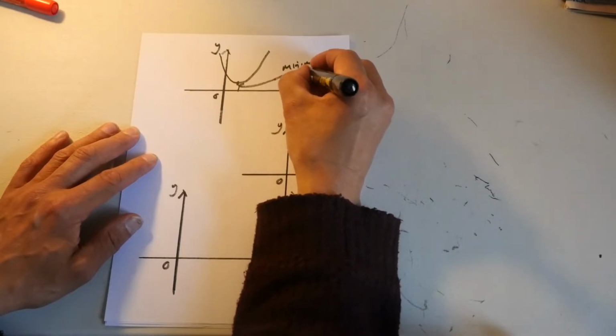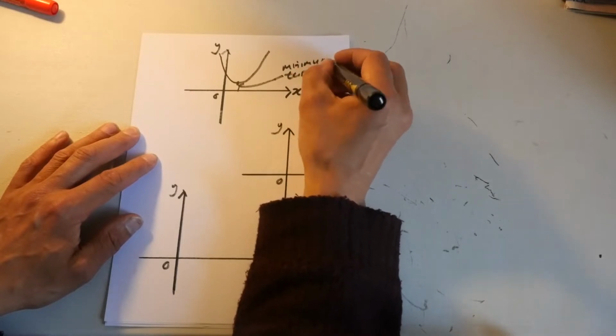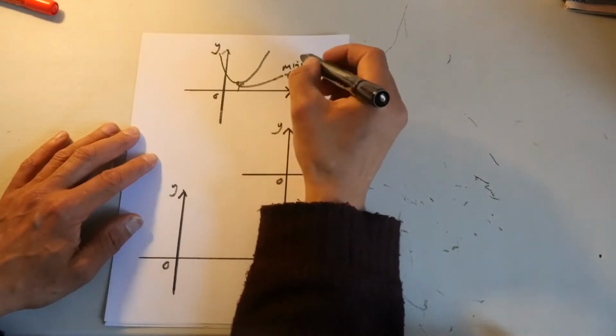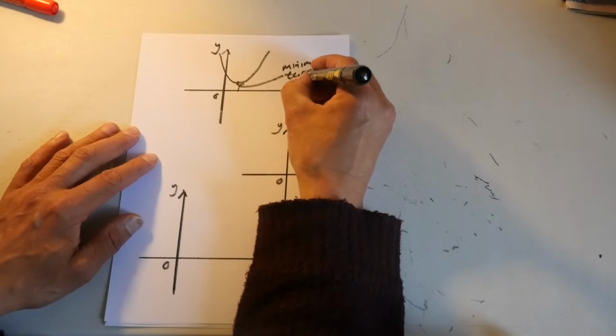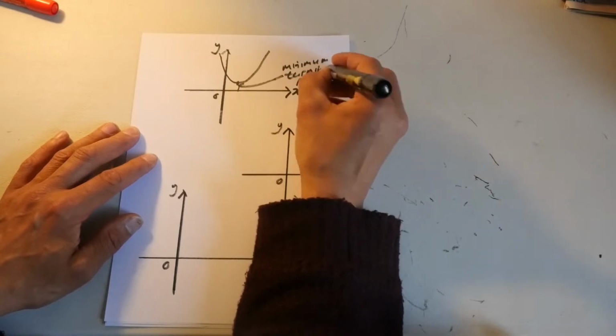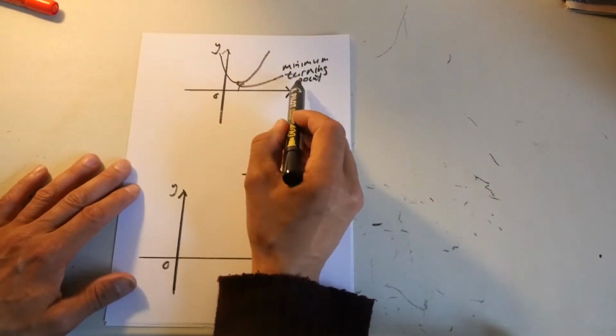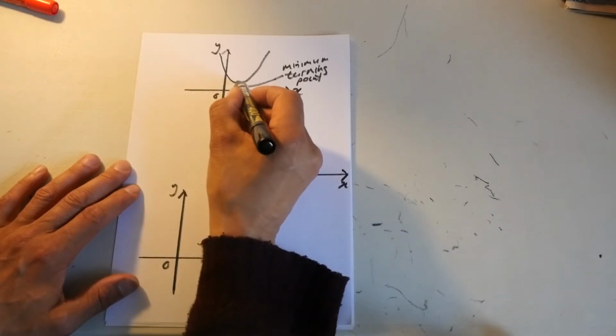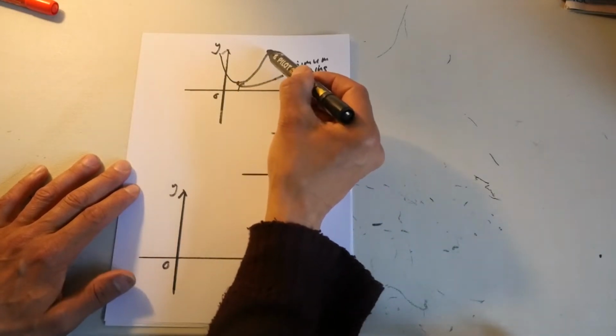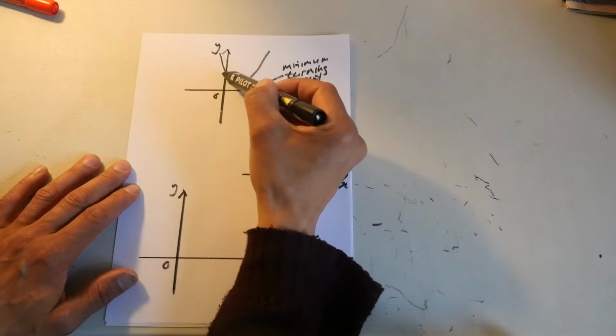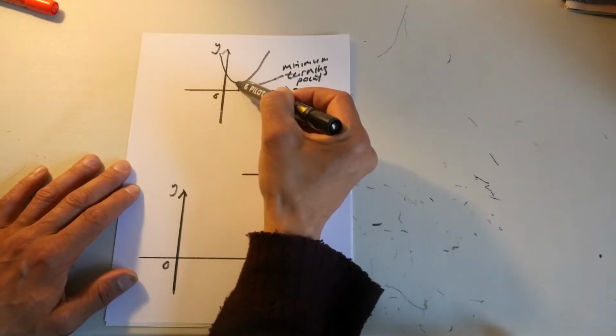That's the minimum point, the minimum, okay, minimum and turning point, that coordinate there right at the bottom. So the minimum turning point of the curve as it goes down to the minimum, then turns and goes up again, okay?